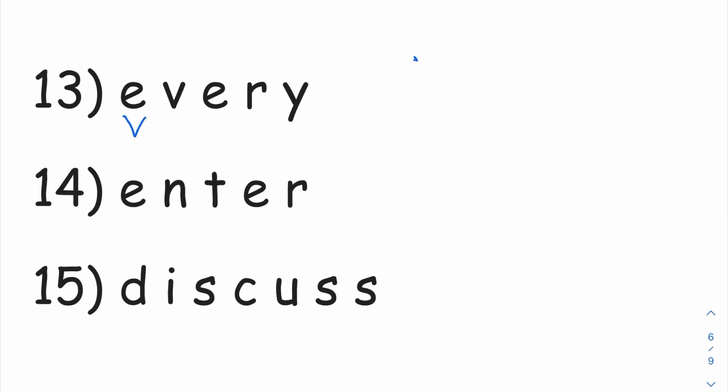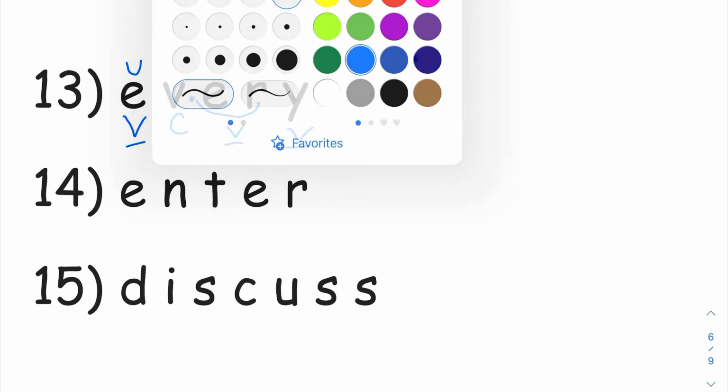Let's start coding. Three vowels there, so we need three syllables. Here we need to decide what side of the consonant we want, so we're going to divide here, but we really don't say every like that.